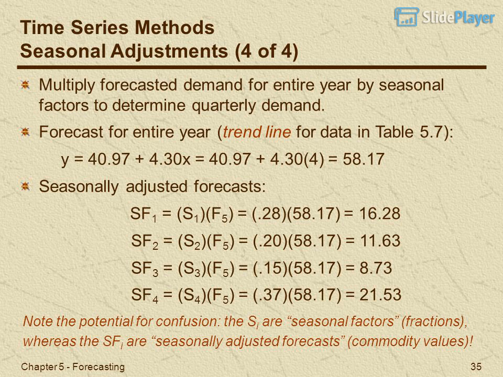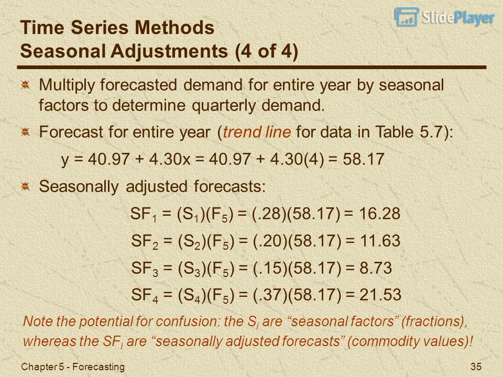Seasonally adjusted forecasts. SF1 equals S1 F5 equals 0.28 × 58.17 equals 16.28. SF2 equals S2 F5 equals 0.20 × 58.17 equals 11.63.